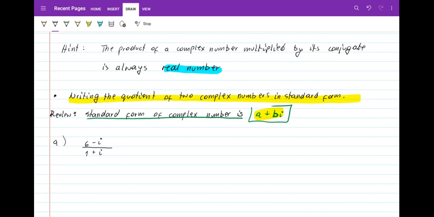The hint is to multiply top and bottom of the fraction, because technically a quotient is a fraction, by the conjugate of the denominator.